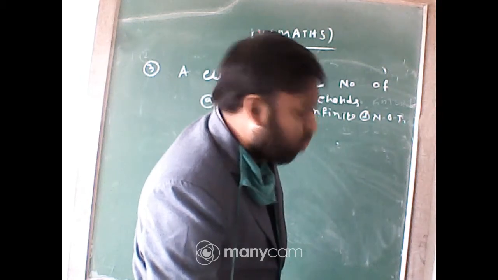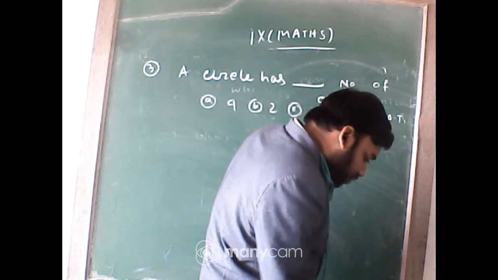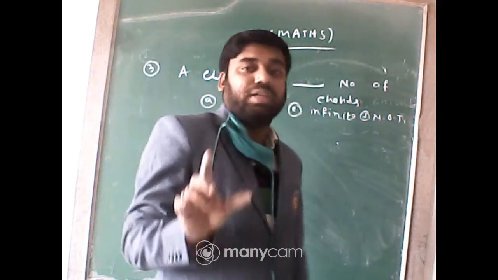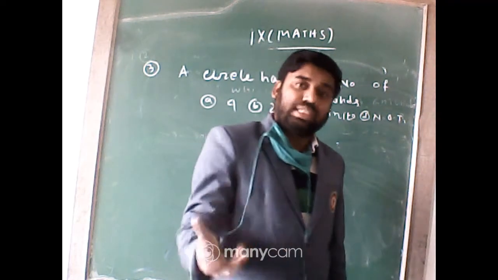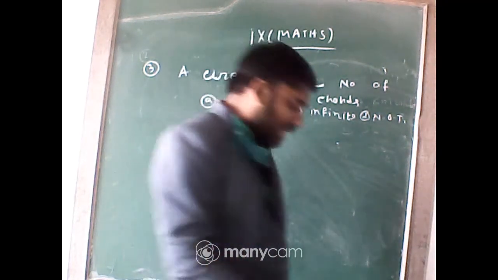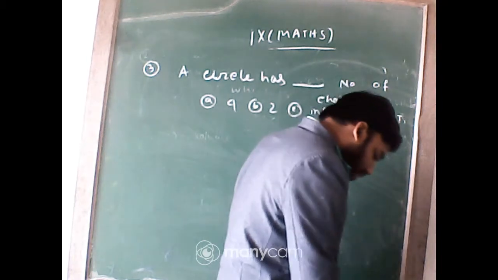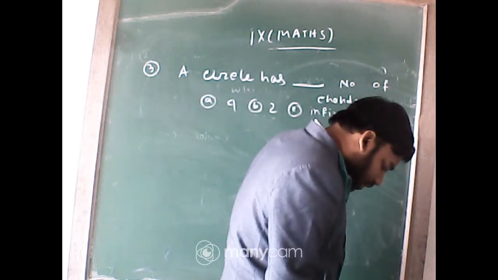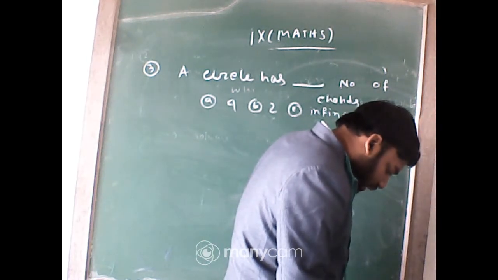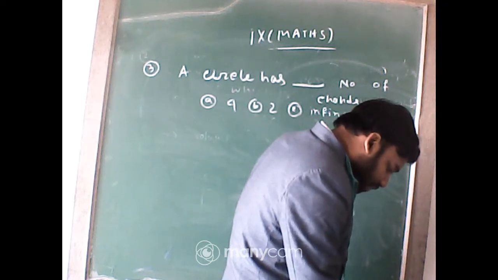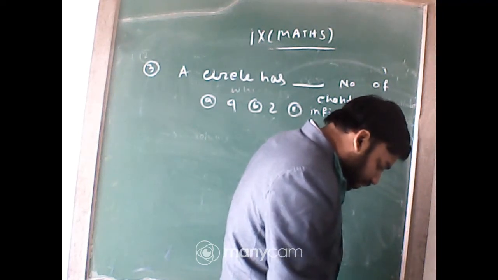Okay, so students, moving on. Now 3 questions I have discussed in your class. Next day I have another 3 MCQs. Each and every day I will discuss 3 or 4 MCQs. Now moving on to the probability chapter. The first day I discussed the basic portion.